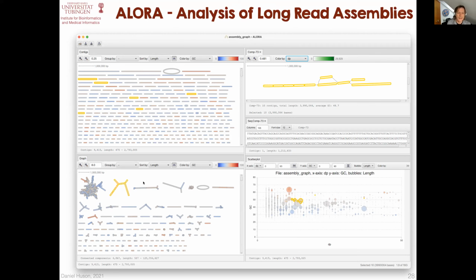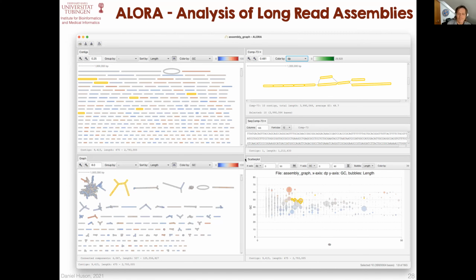Starting off with a Bandage type visualization of the different components of the assembly graph, where you can then open up one of these components and study it in more detail, but also showing the different contigs that you have, allowing you to sort them by different features, but also structure them. Say if you've got a taxonomic assignment on your contigs, you can show the contigs in a structured way.